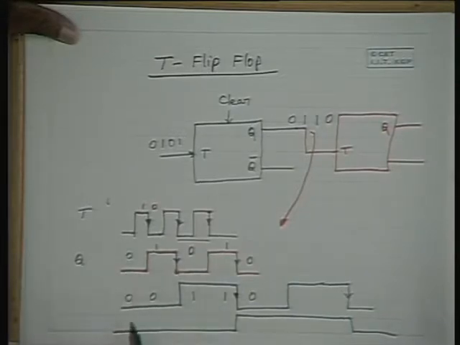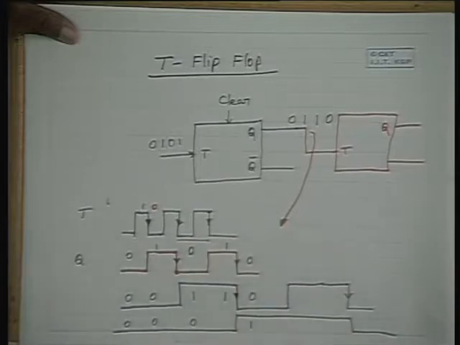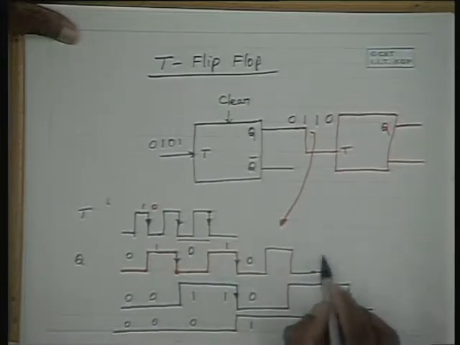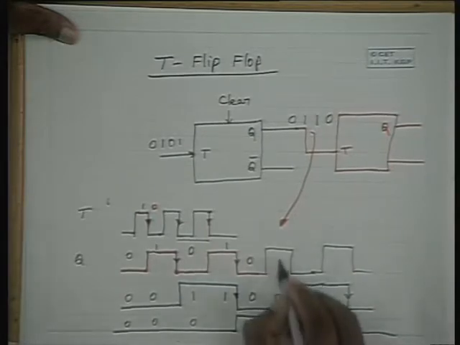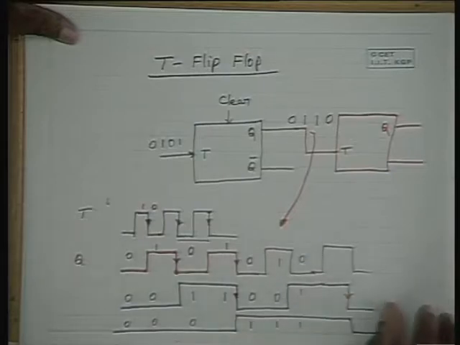But if you look at the binary outputs, you will find that initially it is 0, 0, 0. Then this is 0, 0, 1, this is 0, 1, 0, this is 0, 1, 1, this is 1, 0, 0. And if I complete the rest, this will be 1, 0, 1, then 1, 1, 0, and it goes on like this.